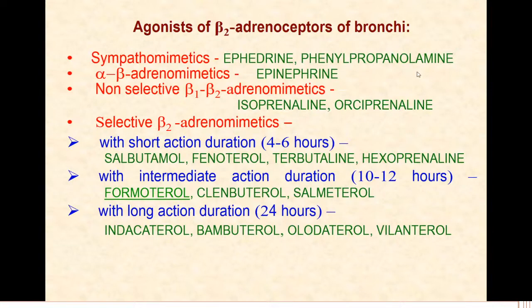As for ephedrine, phenylpropanolamine, they are used rarely nowadays, not in real bronchial asthma, more often with bronchitis on the background of increased tonicity of bronchial smooth muscle.